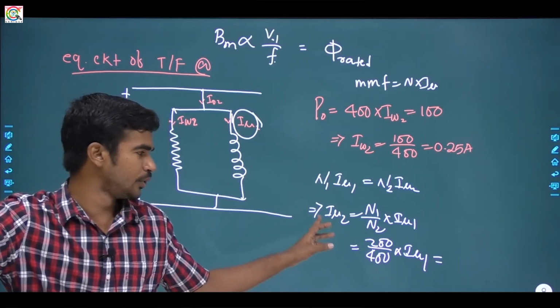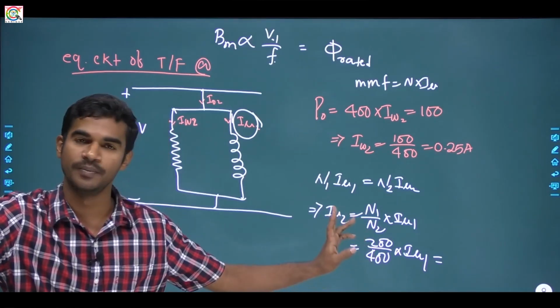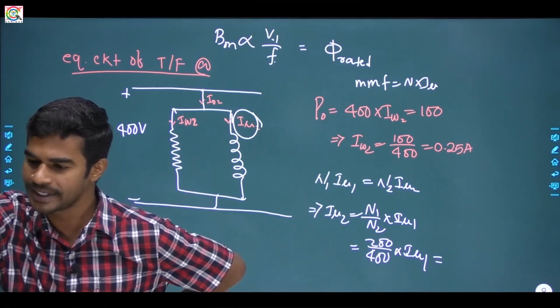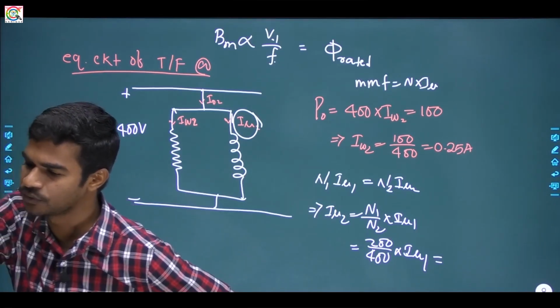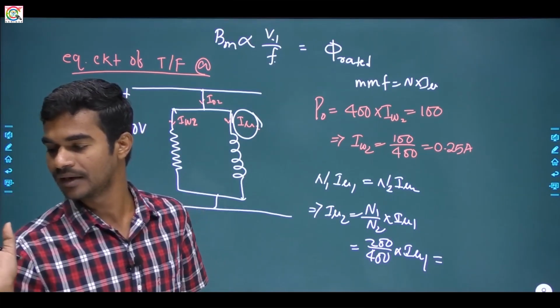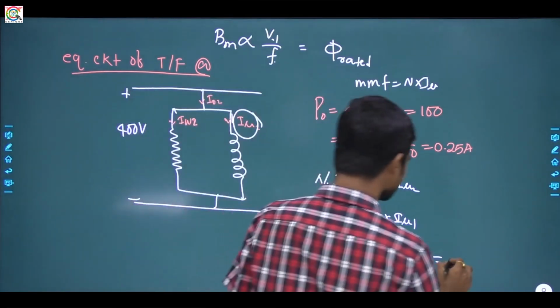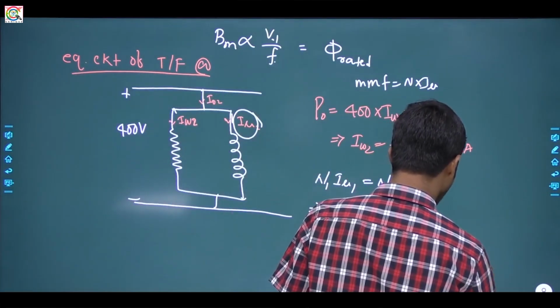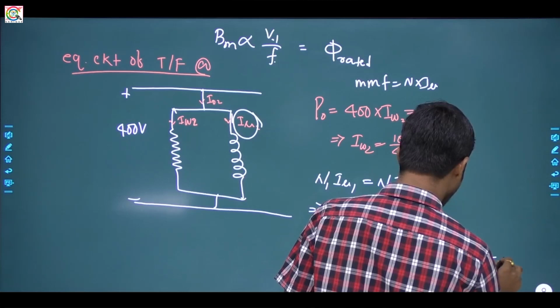So Imu2 will be half of Imu1, which is equal to 0.15915 ampere. I am directly writing here.